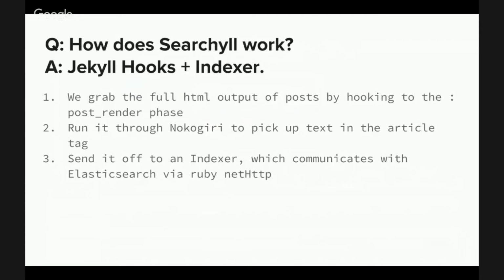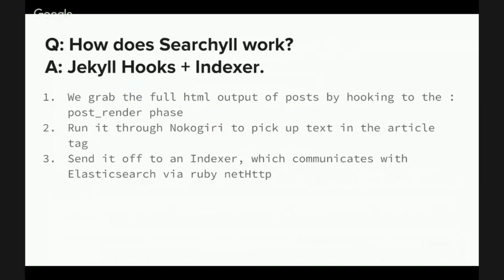It works off of Jekyll hooks, and it grabs the posts in a post-render phase. We run those posts and the content through Nokogiri to pick up that text in that article tag, and then we send it off to an indexer, which is in a separate Ruby file, which communicates with Elasticsearch via Ruby Net HTTP.